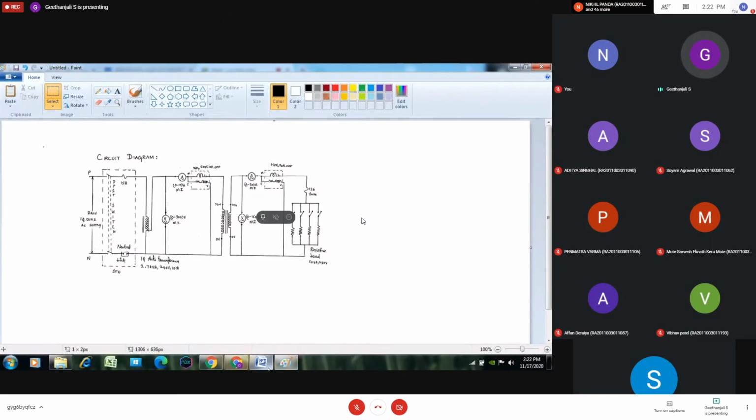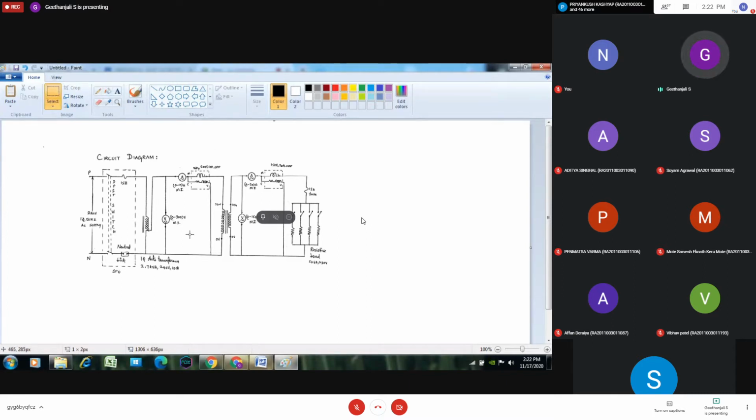The primary voltage is 230 volts. The secondary voltage is 115 volts. So the higher voltage is reduced to the lower voltage. According to the voltage level, there are two types I told you, so this transformer comes under the step down transformer.